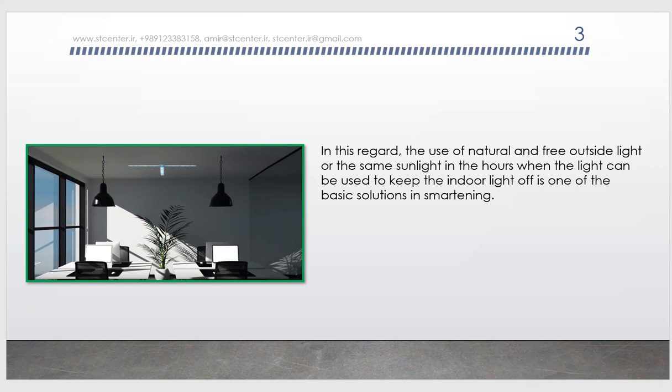This is one of the examples. We call it constant light control. If it is performed in the right way, we can reach nice energy savings, but it's not so easy to do.